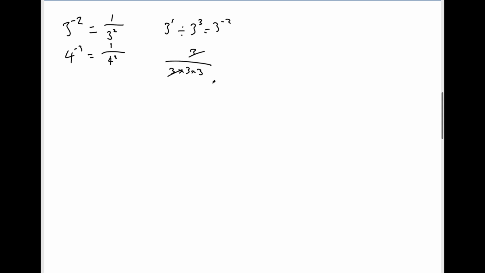But realize how we're left with 2 of these 3s as the denominator. So from this, you can see that this is why the numerator is always going to be 1. After we've cancelled everything, you're going to end up with only numbers at the bottom, right? And so it happens that 3 to the minus 2 is going to be 1 over 3 squared.